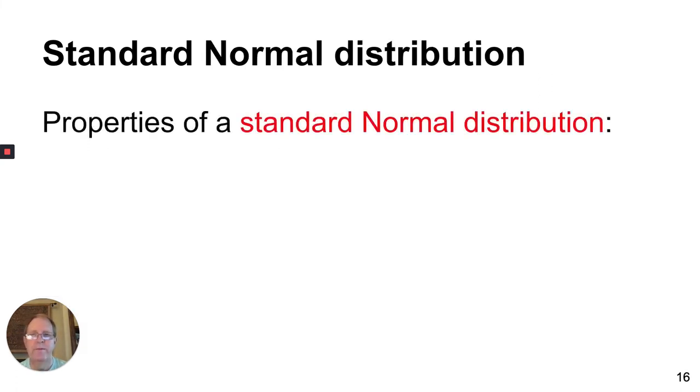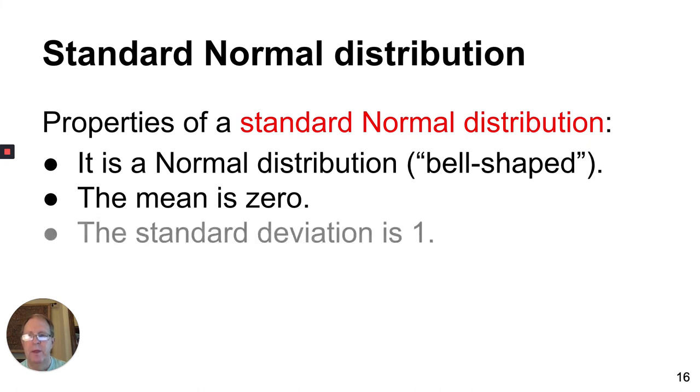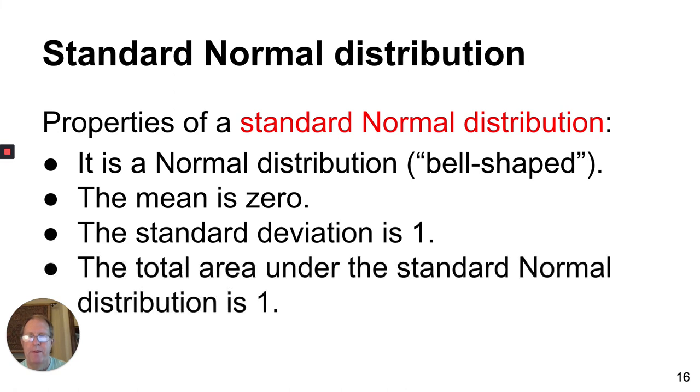What are the properties of that standard normal distribution? Again, it is normal. It has a mean of 0. The standard deviation is 1. The total area under the standard normal curve, standard normal distribution is 1. So this all should be very familiar to you.